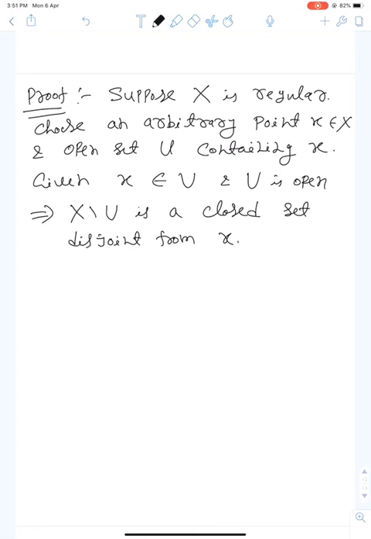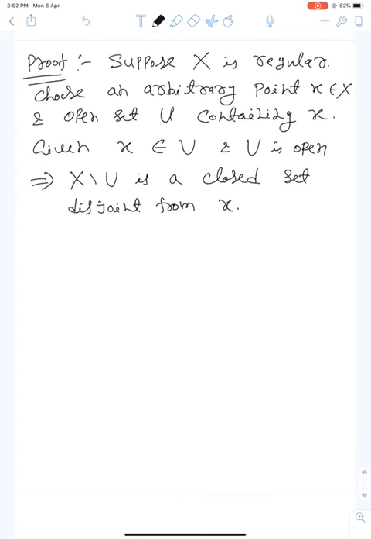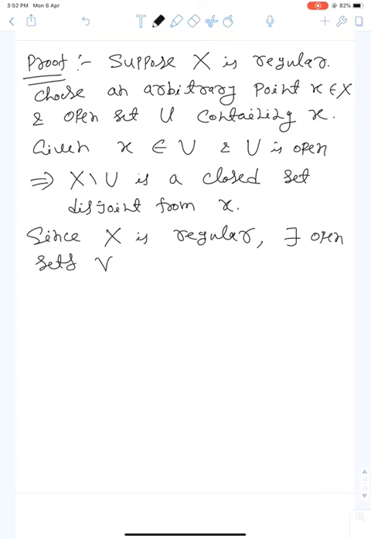Now since X is regular, there exist open sets V and W such that x belongs to V, that X minus U, the closed set, is a subset of W, and V intersection W is empty, right?